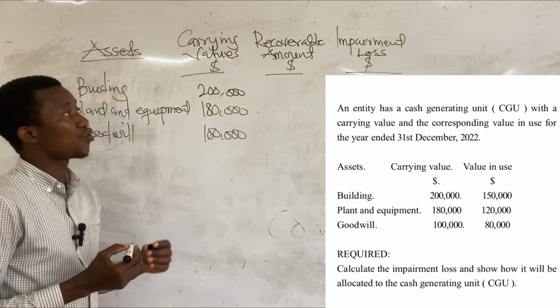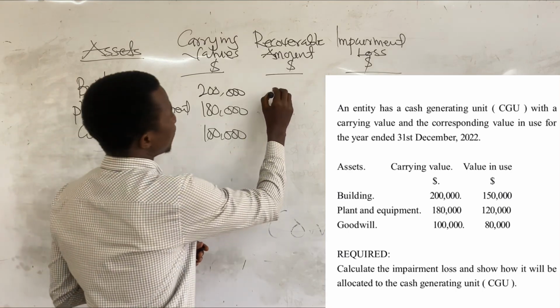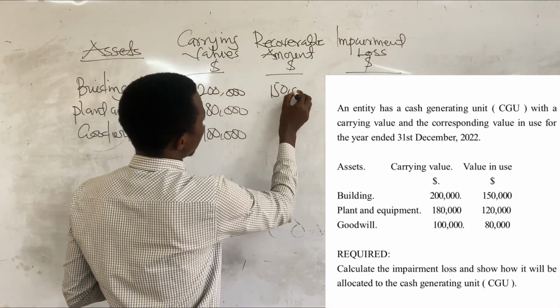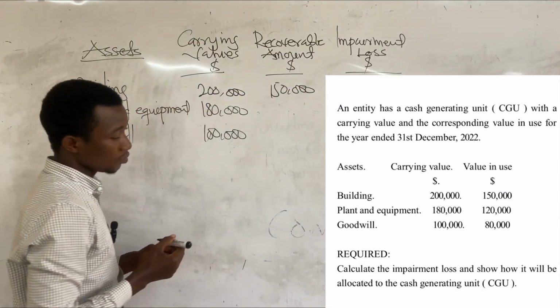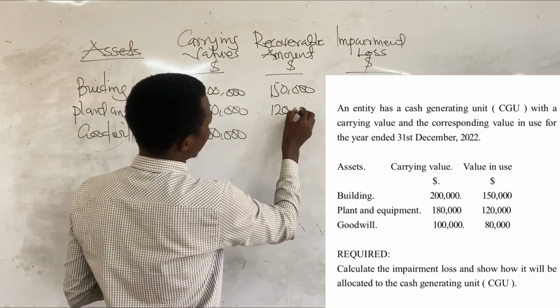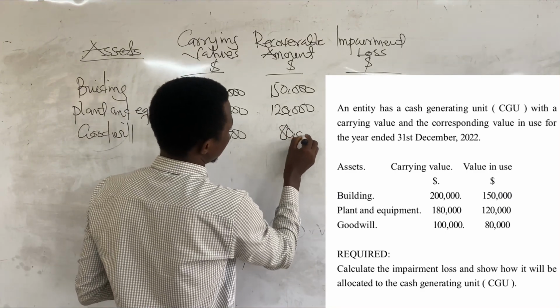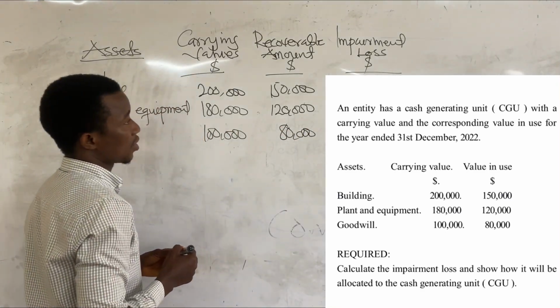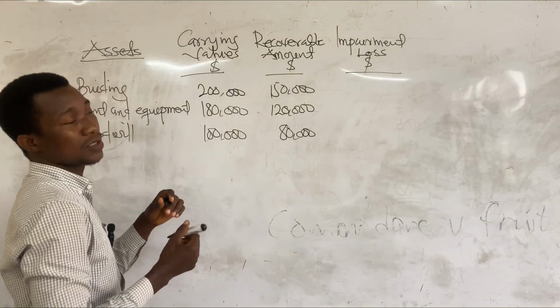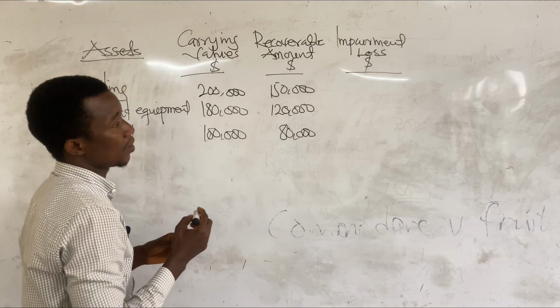After that, we write the recoverable amount from the question. And that is $150,000, and then we have $120,000, and also we have $80,000.